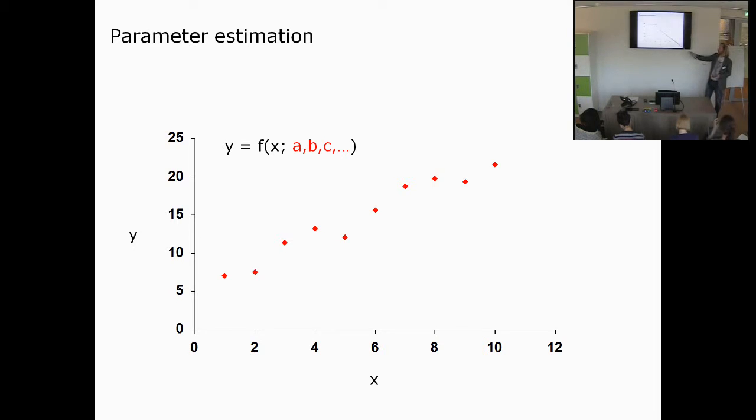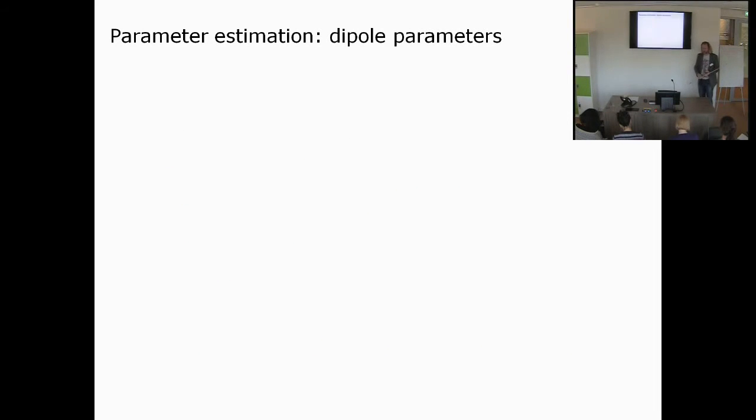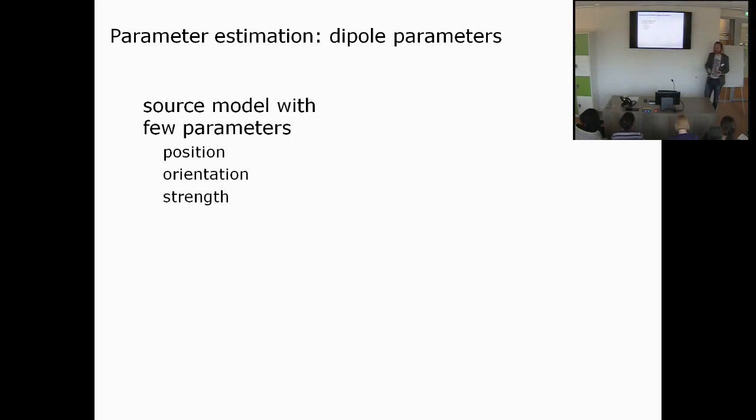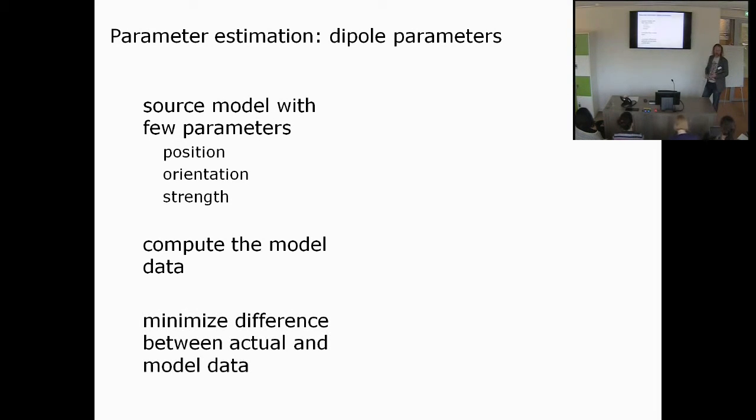These parameters A, B, and C are basically the things that we're trying to determine using source modeling. The parameters that we're estimating with dipole fitting, for a source with a few parameters, are the position, the orientation, and the strength. Given the position, orientation, and strength, we compute the data model, and we repeat this and minimize the error between the model and the data.